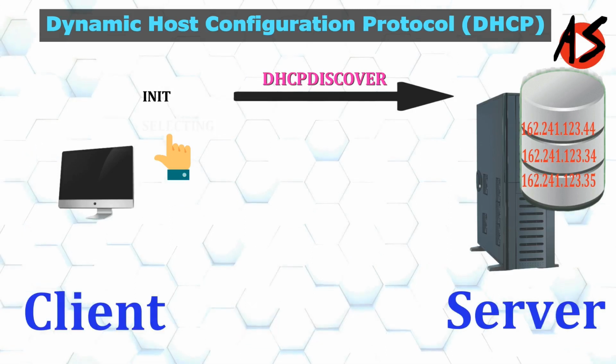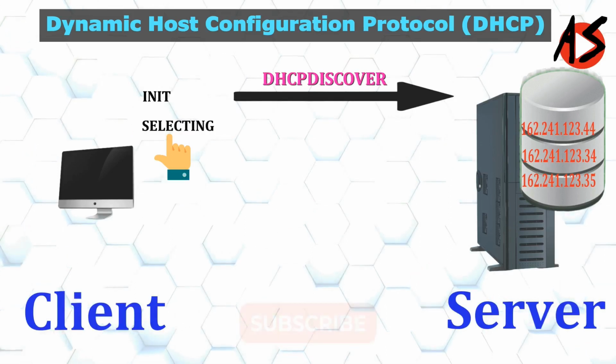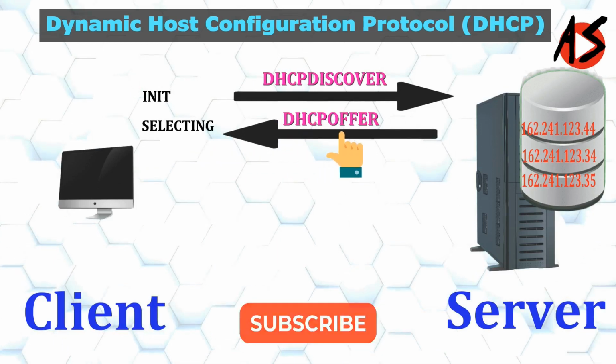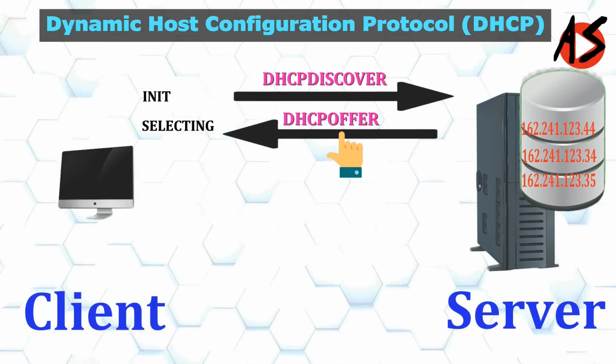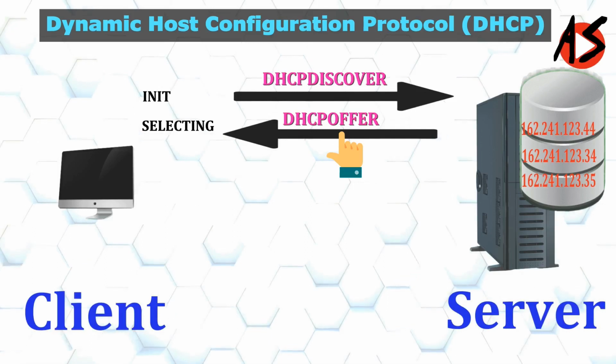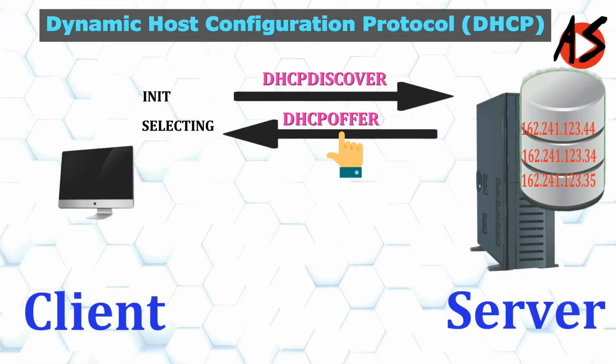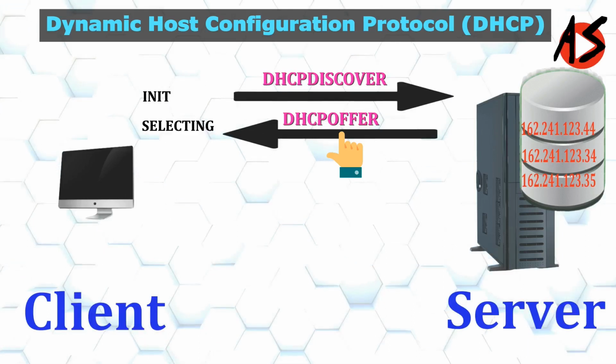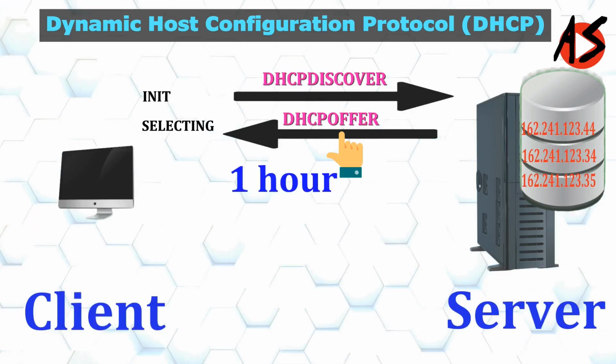Those servers that can provide this type of service respond with the DHCP offer message. In these messages, the server offers an IP address. They can also offer the lease duration. The default is 1 hour.